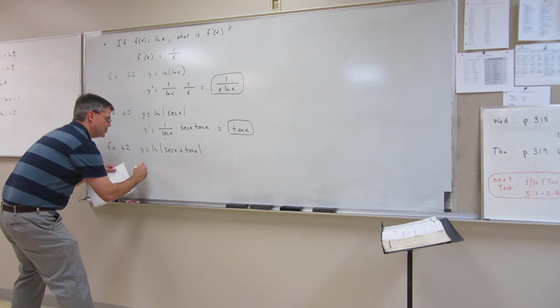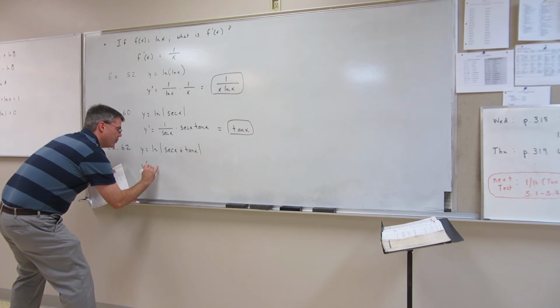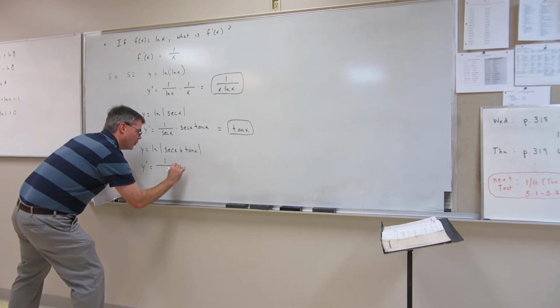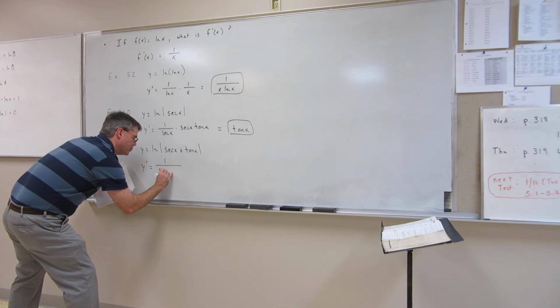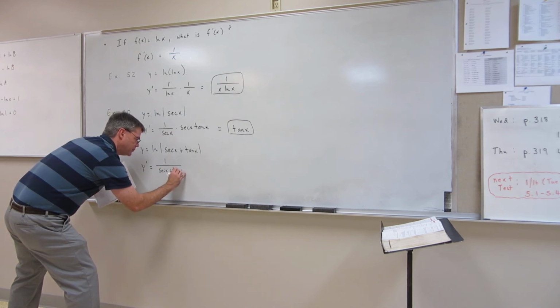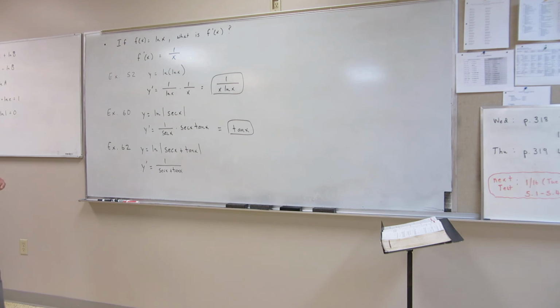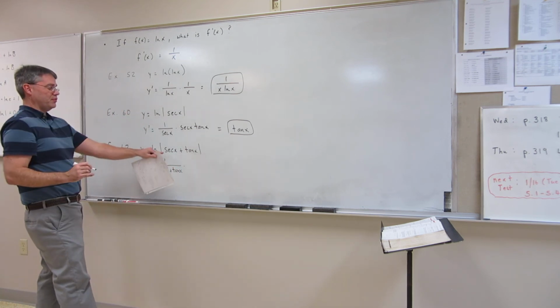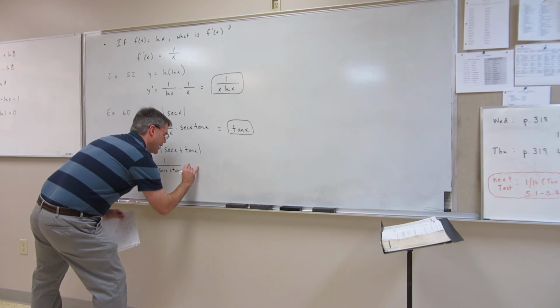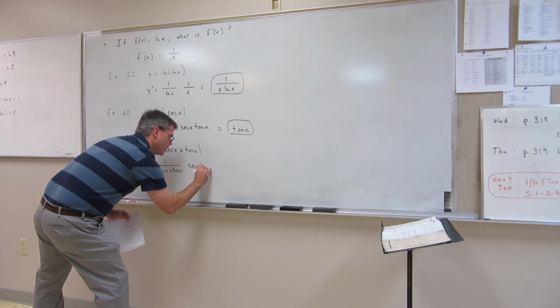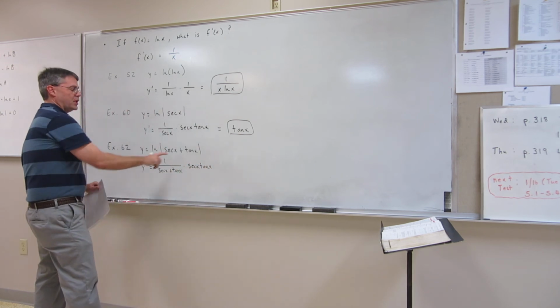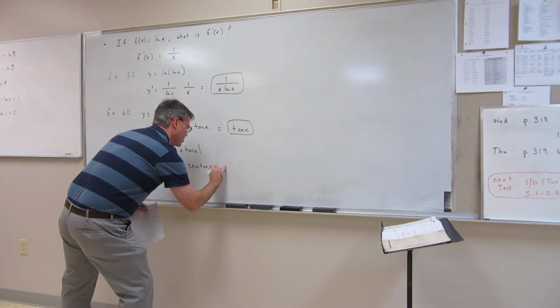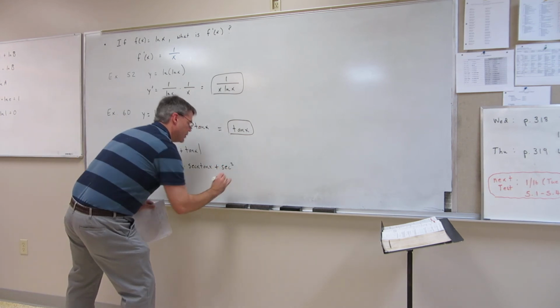Okay, as we did in number 60, y prime would be 1 over the blob, so 1 over secant x plus tangent x, times the derivative of the blob. So times the derivative of secant x, which is secant x tangent x, plus the derivative of tangent x, which is secant squared x.